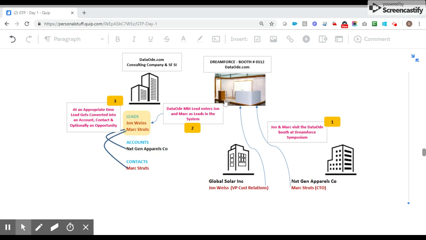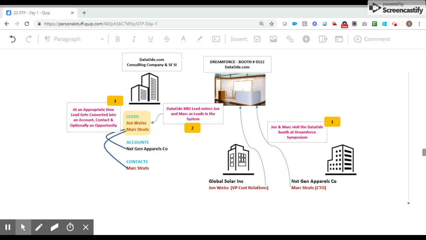Let's assume that Dreamforce is over, and a week down the line, John Weiss and Mark Strutz get a call from the marketing team in Data Ode. They start off with icebreakers, and they discuss that you guys dropped in at Dreamforce, and then we discussed briefly some of the requirements that you have.